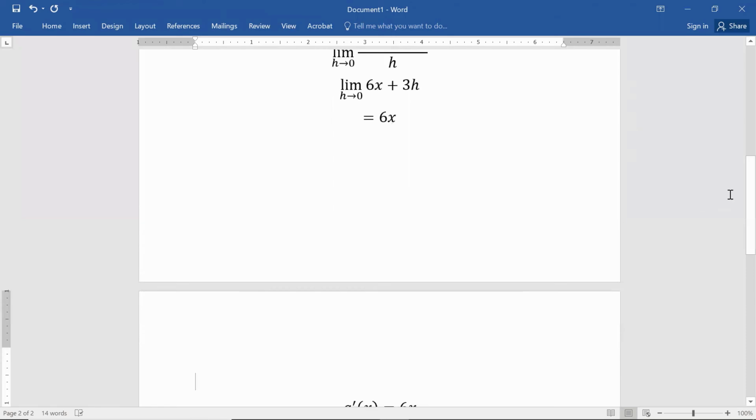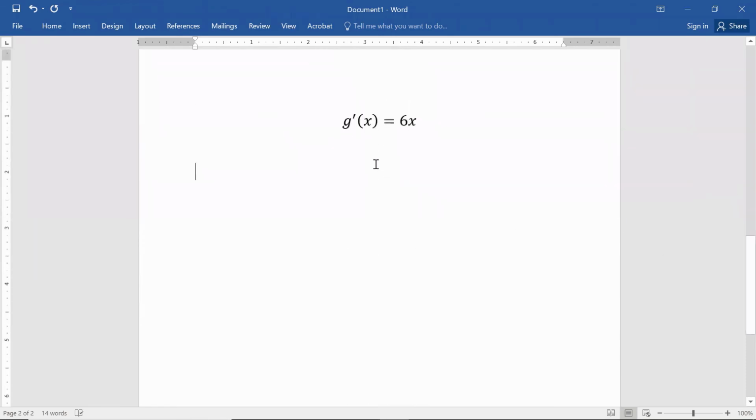And that allows me to say, well, if I want to find the derivative at a value, let's say 3, I can do that. I can say, well, 18 is that derivative. If I want to find the derivative at a value of -2, I can just plug in -2 and say, well, -12 is the derivative when x is -2.